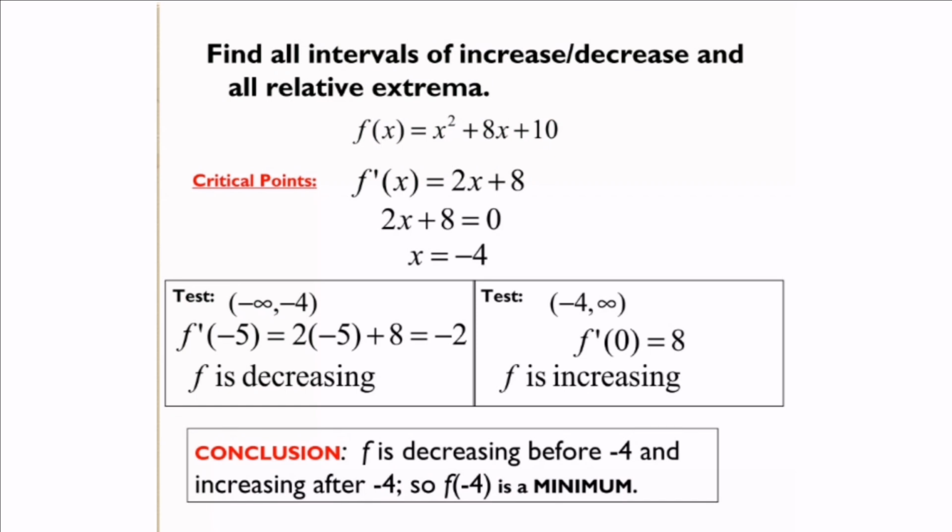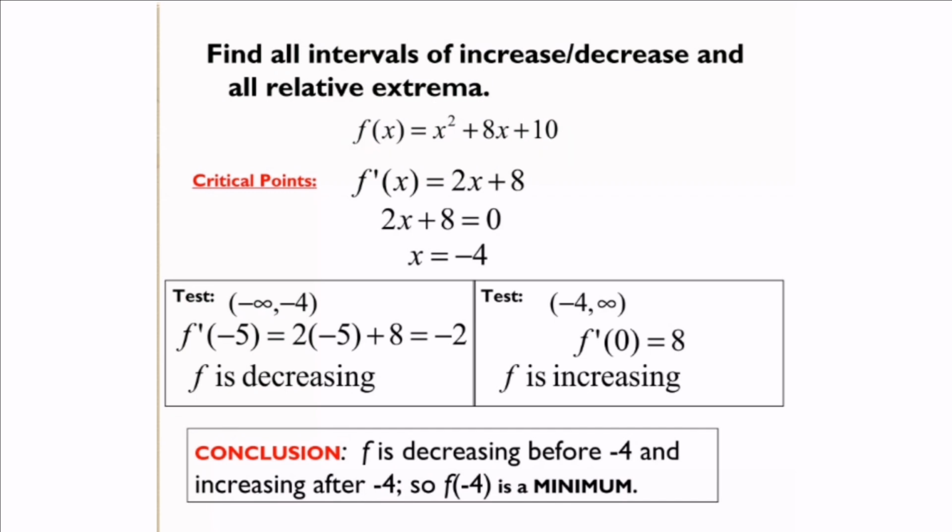Another example, find all intervals of decrease and increase, and all relative extrema. Function is given f of x is equal to x square plus 8x plus 10. So clearly the given function is quadratic function. So the graph will be parabola.